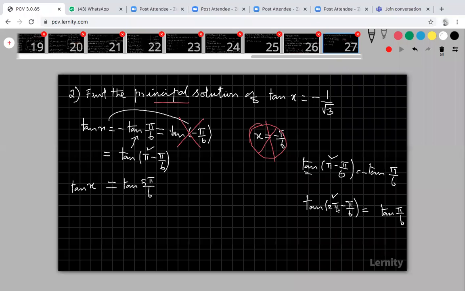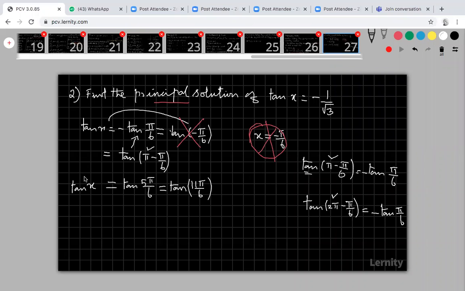In the fourth quadrant, cos is positive, secant is positive, my tan is negative. So therefore, tan of 2 pi minus pi by 6 is also minus tan pi by 6. So 6 into 2 is 12, 12 pi minus pi, that is 11 pi by 6. So tan of 11 pi by 6.